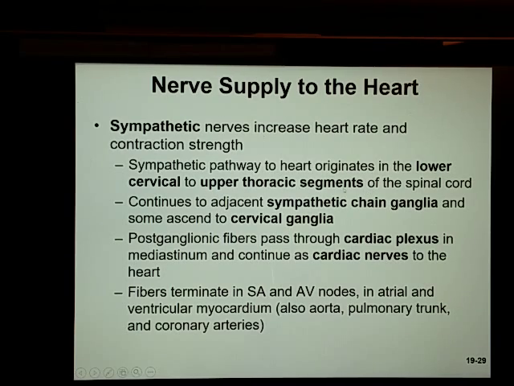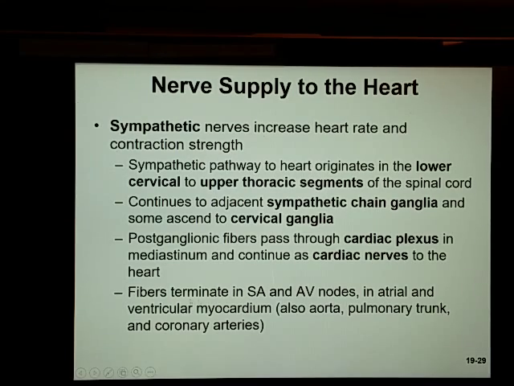So what we're going to find is we get the fibers that make their way to the heart, and the fibers of the sympathetic nervous system, note where they terminate. They terminate in that SA node and the AV node.